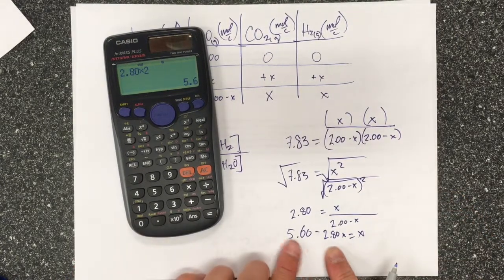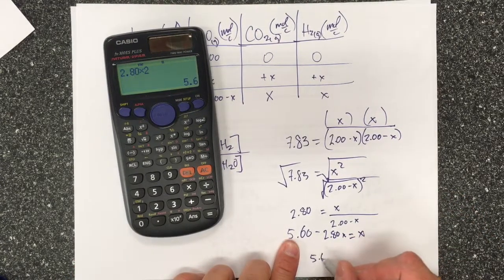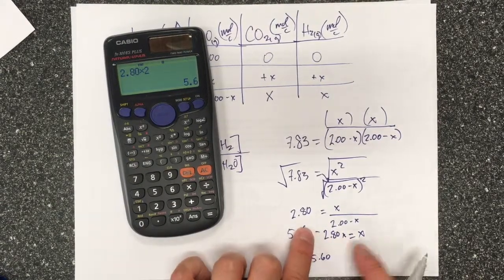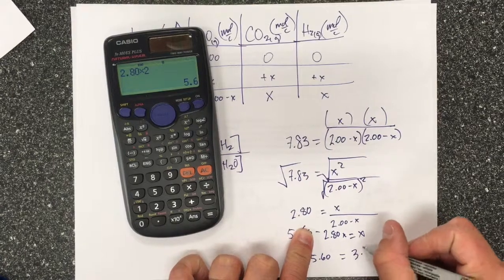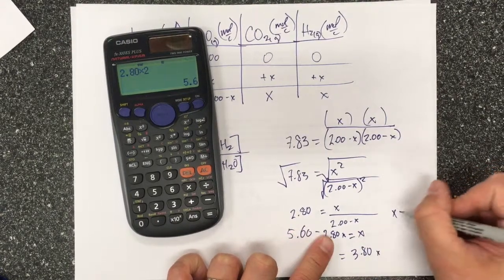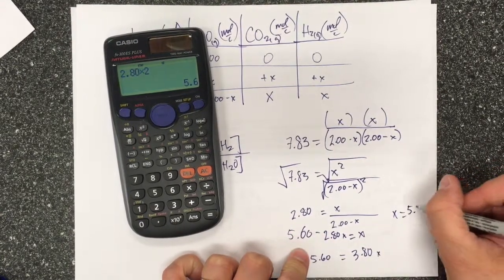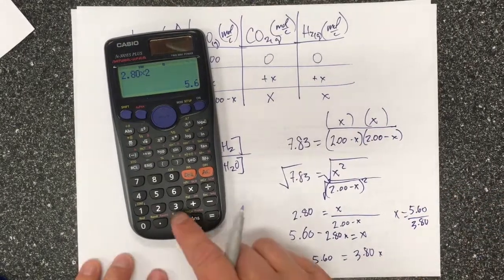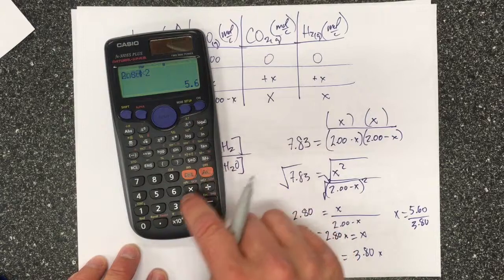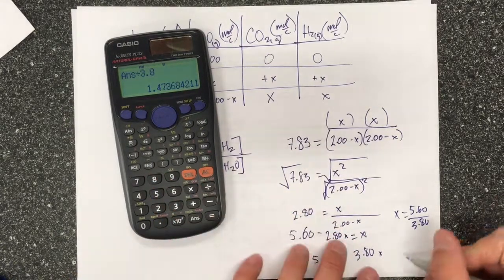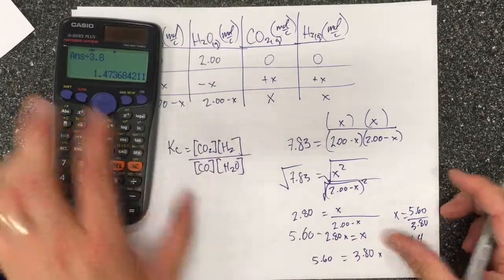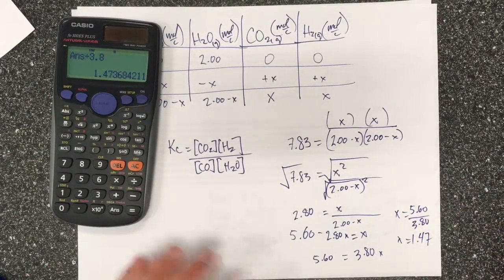So I'm going to group my x's. So I'm going to have 5.60, and I'm going to add 2.80x to both sides. That's going to get rid of this. So I get 3.80x. So x is going to equal 5.60 divided by 3.80. So I get x is equal to 1.47.